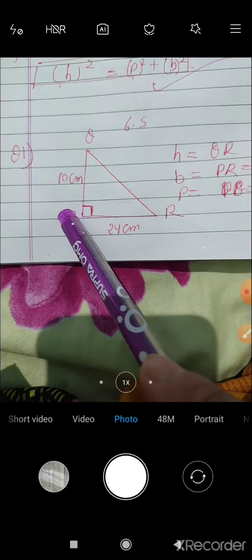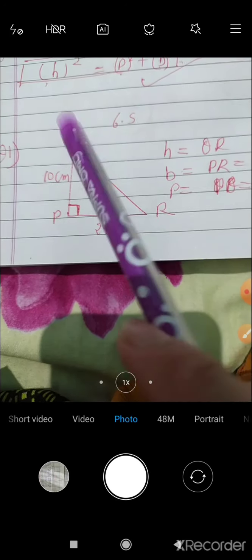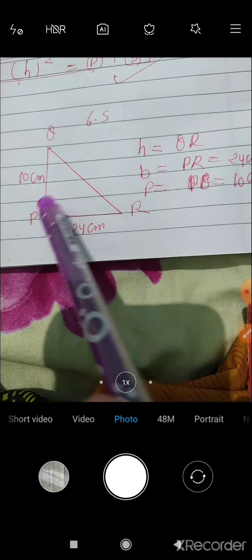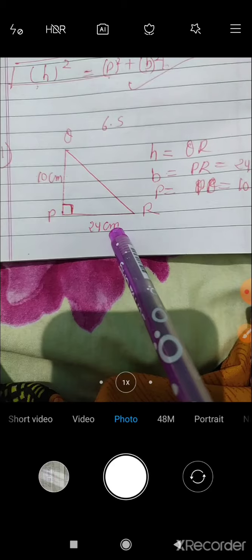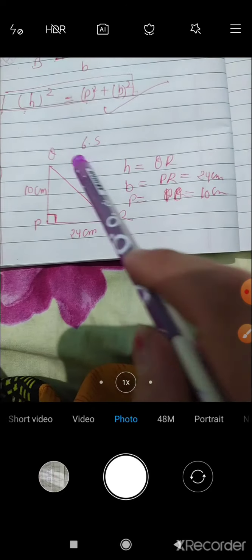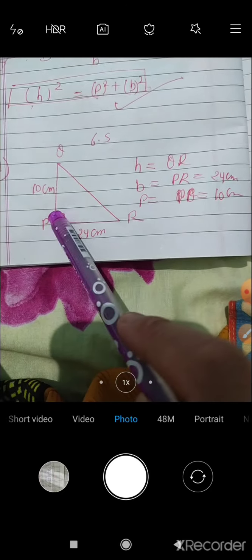Here you can see that PQR is a triangle in which angle P is 90 degrees. The measurement of PR is 24 cm and the measurement of PQ is 10 cm. We have to find the value of QR. Here QR is the hypotenuse of this triangle.